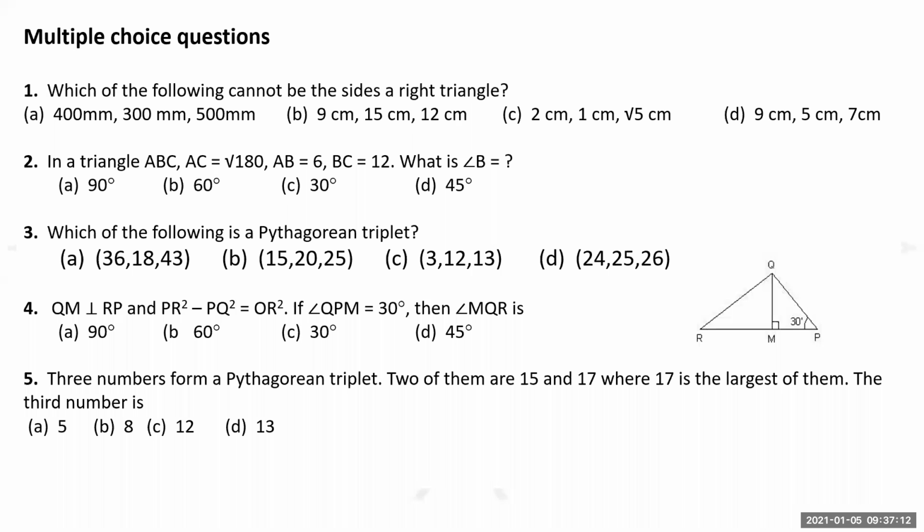Option A: 400 mm, 300 mm, 500 mm. Next option is 9, 15, 12. Next option is 2, 1, root 5. Next option is D: 9, 5, 7. This kind of questions you will get in your examinations.